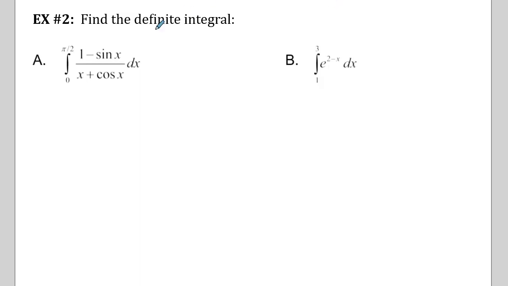And then remember, I think in both classes we've talked about if you got sine and cosine, how do you decide which one you want to let u be? Well, we're going to let it be the denominator in this case. If you have it in the denominator, then choose that for u and see if that works first. So I'm going to say u is equal to x plus cosine x.